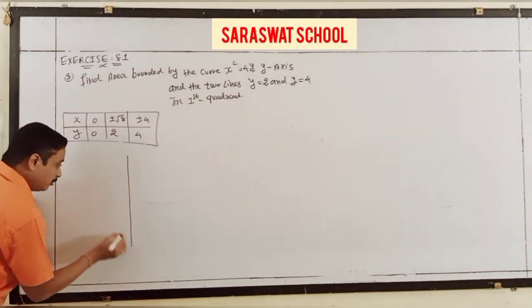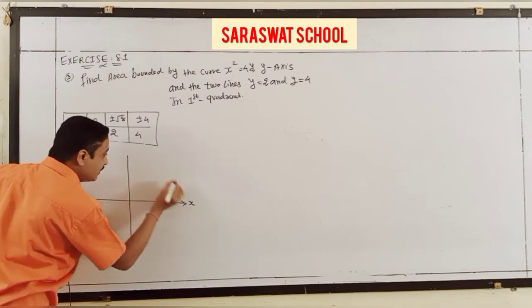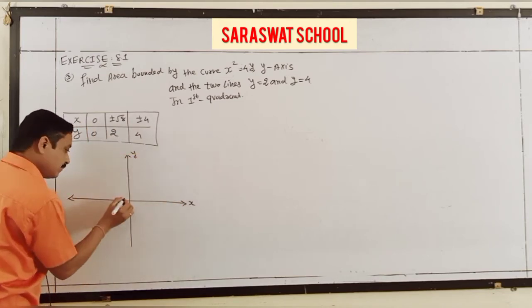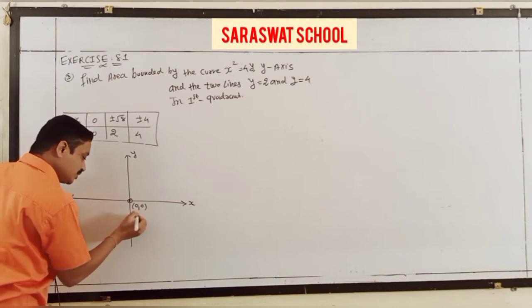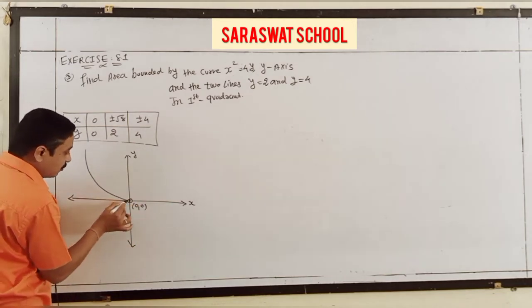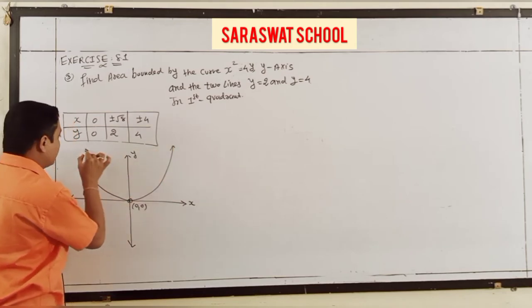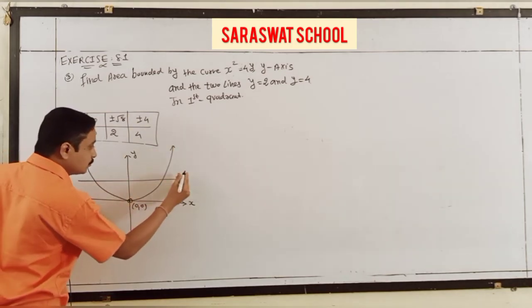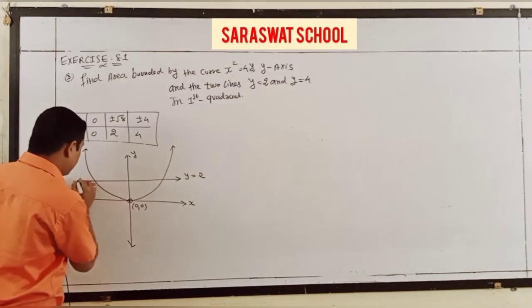Your parabolic curve is moving in this way: x-axis, y-axis, origin. Check, x square is equal to 4y means this type of curve, and here y is equal to 2, that point is 0 comma 2.